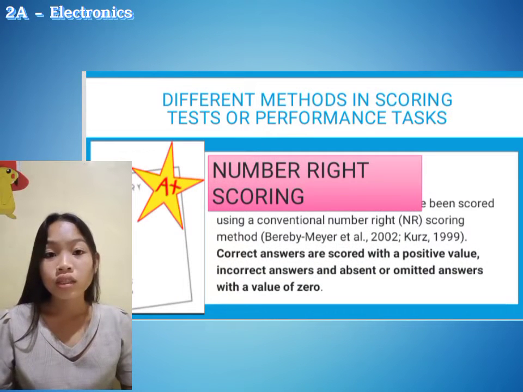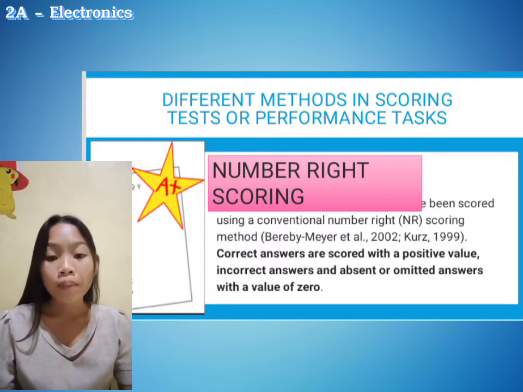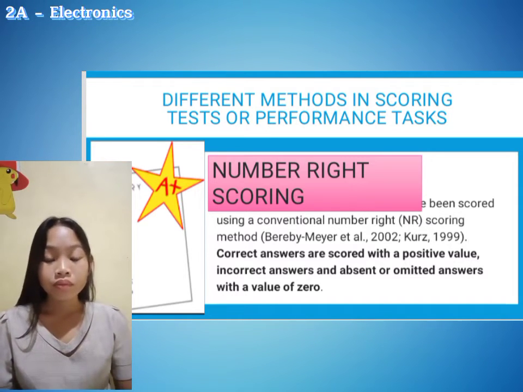Different methods in scoring tests or performance tests. Number right scoring. Traditionally, multiple choice tests have been scored using a conventional number right scoring method by Verwey, Mayer et al. 2002 and Coombs 1999.